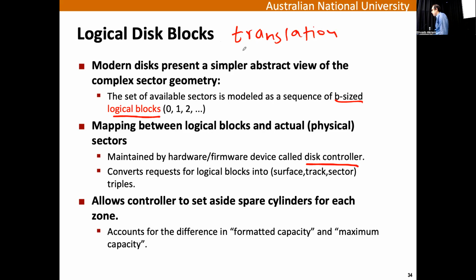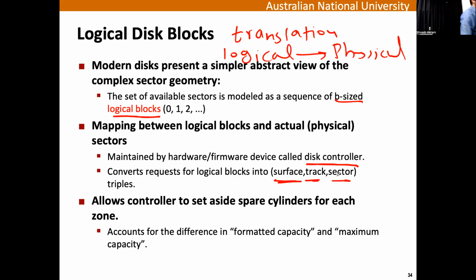Translation from logical to physical sectors. And the controller has to figure out three things: the surface, the track, the sector. To make the life of the operating system and system software easy, the disk controller exposes a logical number of blocks.